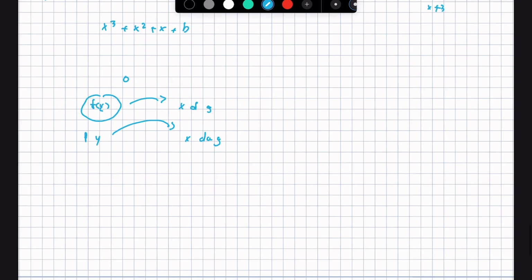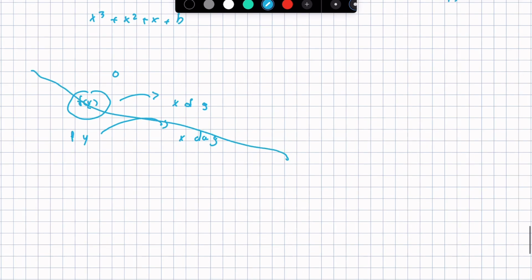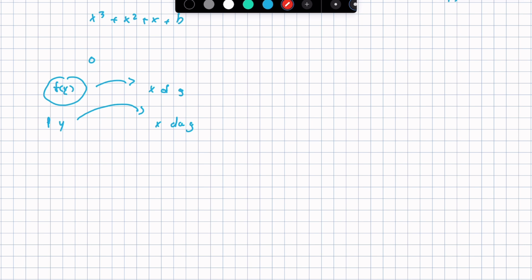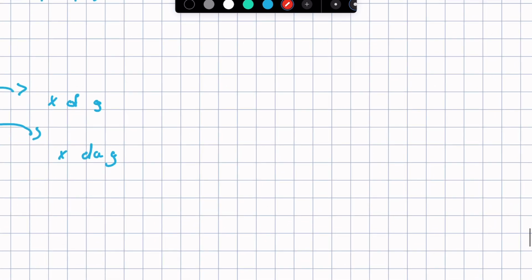So, basically, let's do a mise en situation. So, fonction de f is, let's say, Hannon's money, okay? And x is Hannon's time. Okay?